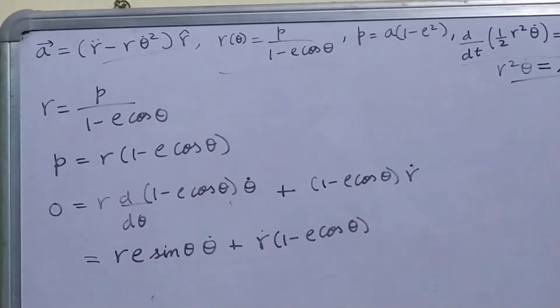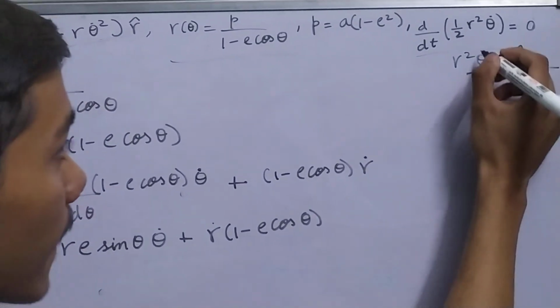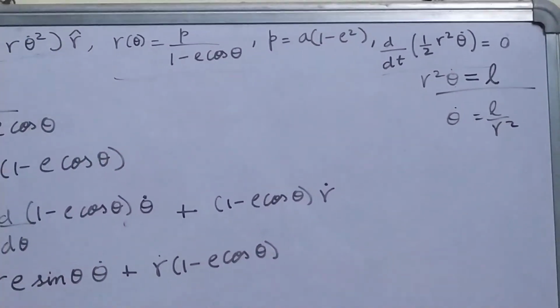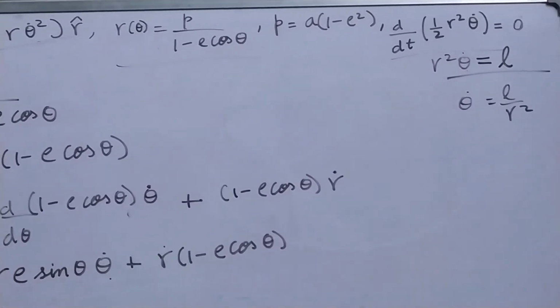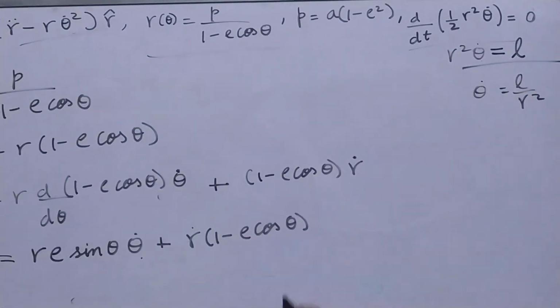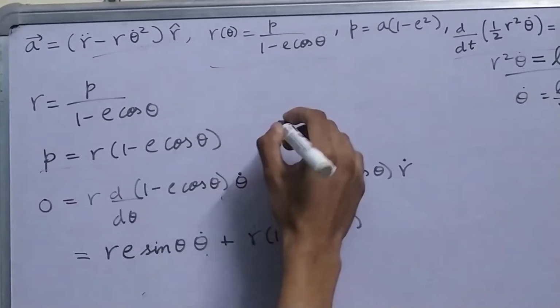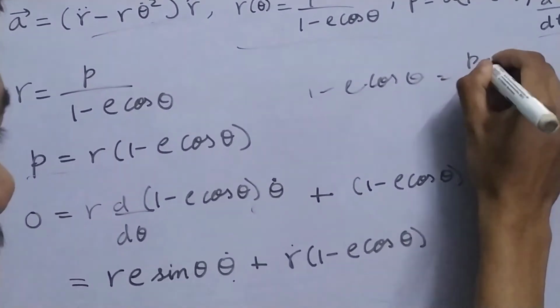Okay, so theta dot is L upon r square, so we just place L upon r square in place of theta dot right here. Okay, and p equal to r into 1 minus e cos theta, so 1 minus e cos theta will be p upon r.